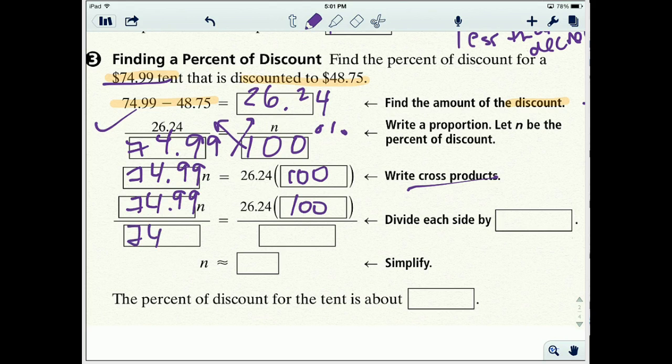So we're going to divide by 74.99 on both sides, and then we're going to get our answer. So to solve this, we'd be doing first 26.24 times 100 divided by 74.99. And so our answer would be 34.99. So we can round this to about 35%. So the discount is 35%.